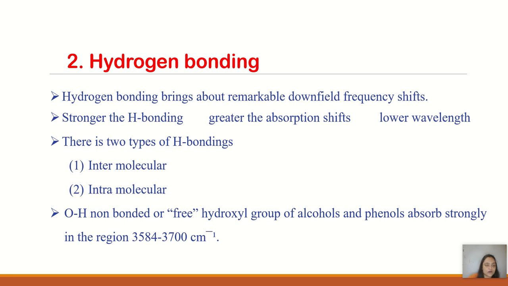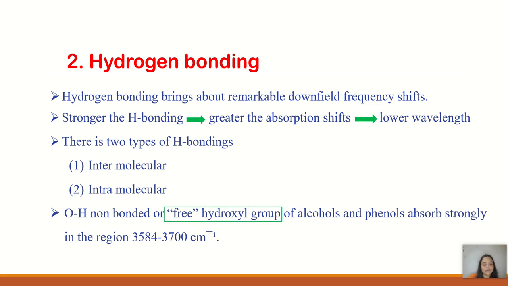The stronger the hydrogen bonding, the greater the absorption shift, which decreases the frequency, or we can say lowers the wave number. There are two types of hydrogen bonding: first intermolecular, second intramolecular. Now, the non-bonded, or free, hydroxyl group of alcohols and phenols absorbs strongly in the region of 3584 to 3700 centimeter inverse.